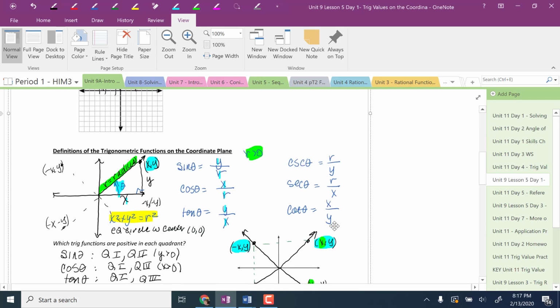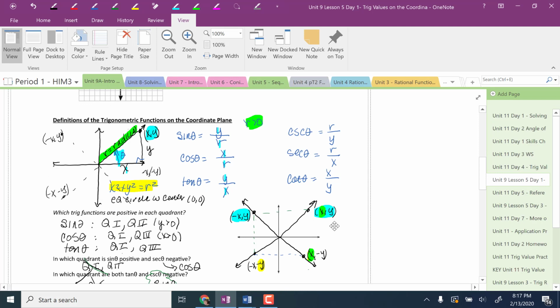So if we want to make this generic for what we just did, we're going to take our terminal side of our angle and pass it through a generic point called (x, y). Drop a perpendicular to the x-axis and create a right triangle and develop our 6 trig ratios.